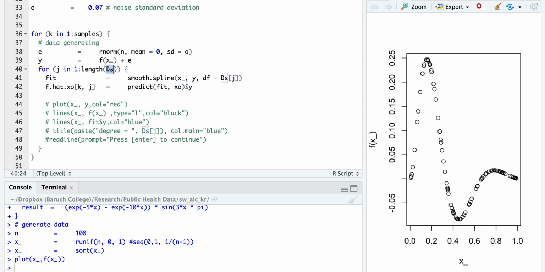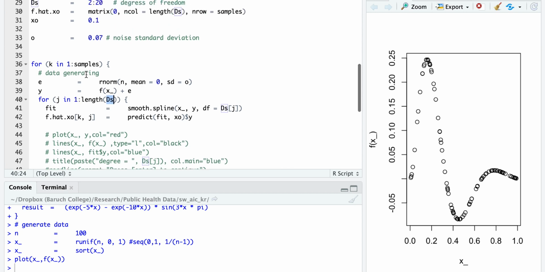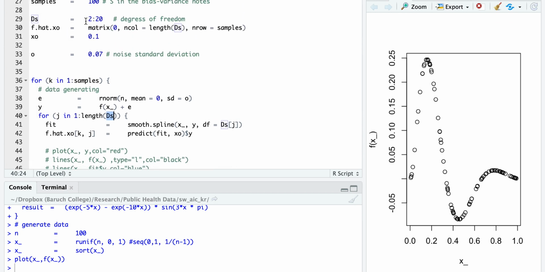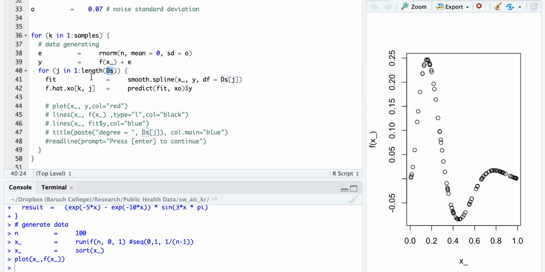And then for all the degrees of freedom for the smoothing spline, from 2 to 20, we create fits. This is our data, y and x, here is our data. The degrees of freedom is ds j, where j goes from 1 to how many we have, so we're just going over all the degrees of freedom. We get the fit, and then we use this function predict.